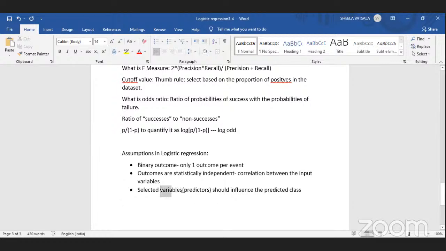Okay, they're all the same. Input variables, all of them are treated as x parameters, x1, x2, x3, right? That's the one.